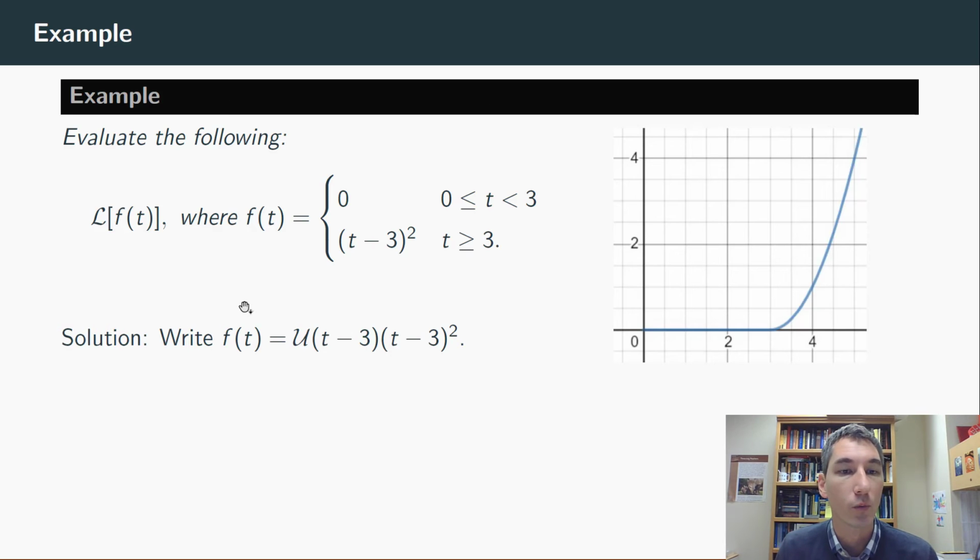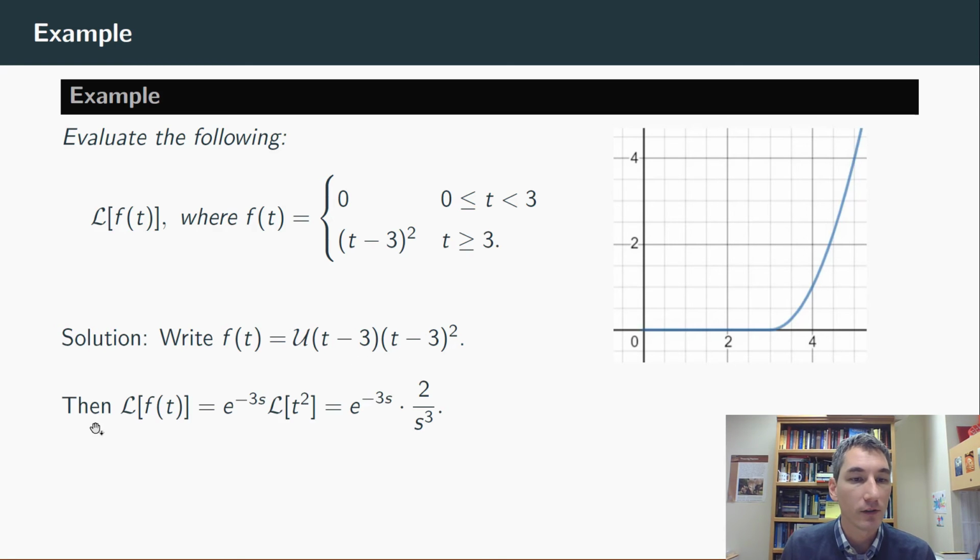So the first thing, you would write f of t using our standard notation, which is just to say it's (t minus 3) squared turned on at t equals 3. It's 0 before that, so a unit step function exactly does that for us. And then I just need to do L of f using this formula. Well, the shift is of 3 units, so I should have an e to the minus 3s times the Laplace transform of the basic function, which is the t squared function.